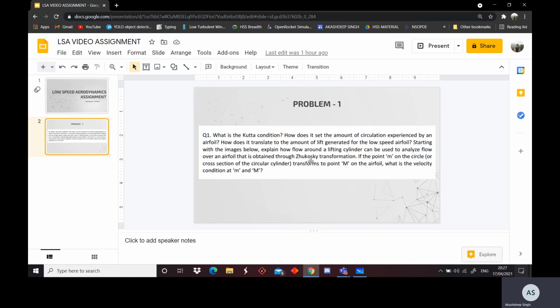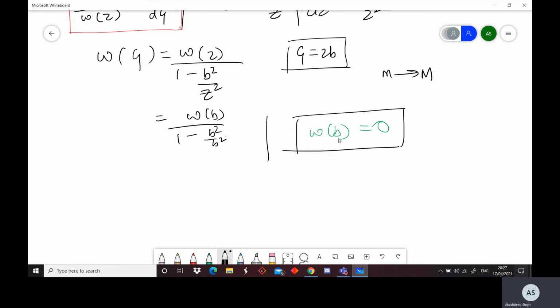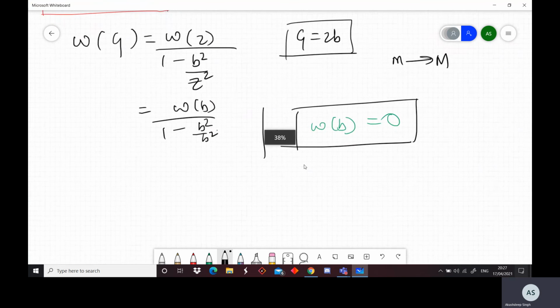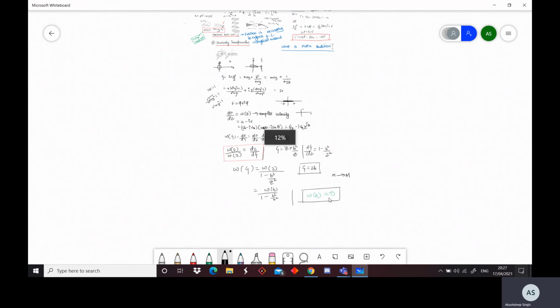We have seen that if point M on the cylinder transforms to capital M, then the complex velocity at b should be equal to 0. This is the condition enforced, and the problem statement has been explained.